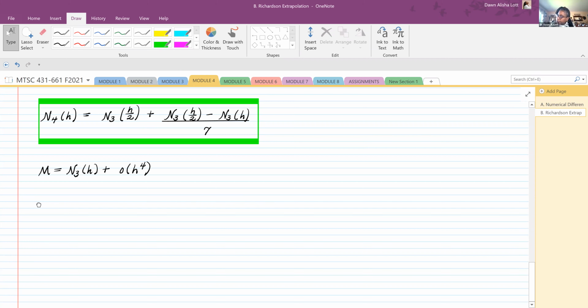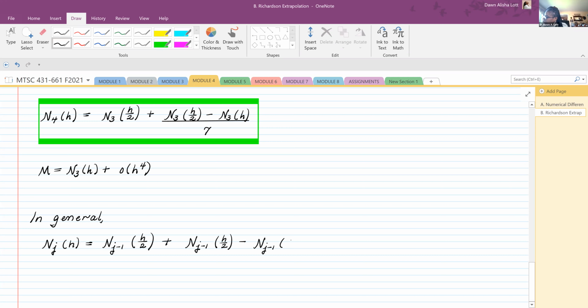So in general, Nj of H is going to be Nj minus 1 of H over 2 plus Nj minus 1 of H over 2 minus Nj minus 1 of H, all over 2 to the j minus 1, minus 1.